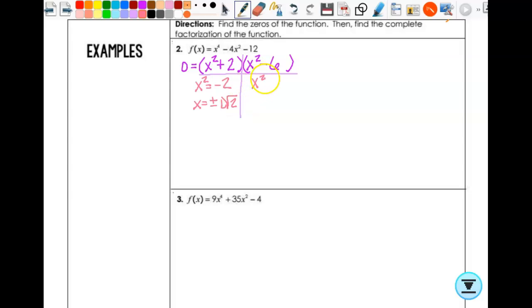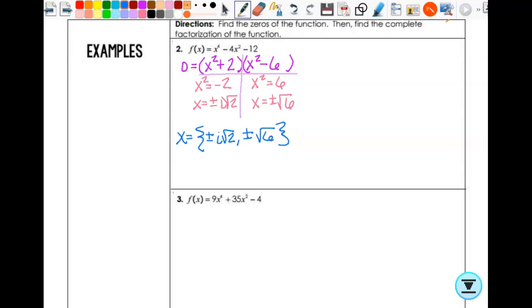Here, x squared equals 6, so x equals plus or minus the square root of 6. So my zeros are plus or minus i times the square root of 2 and plus or minus the square root of 6. That's the exact same thing we did on the very first one on the front.